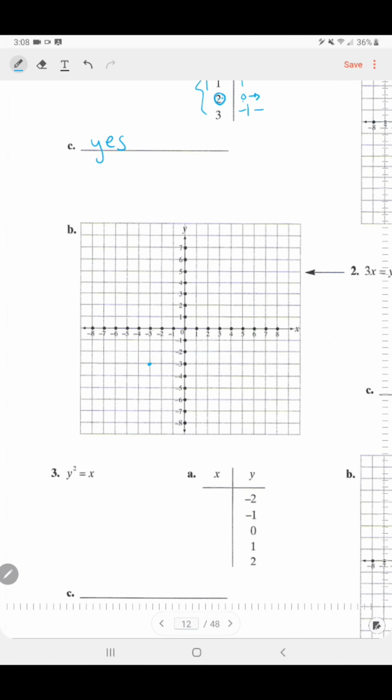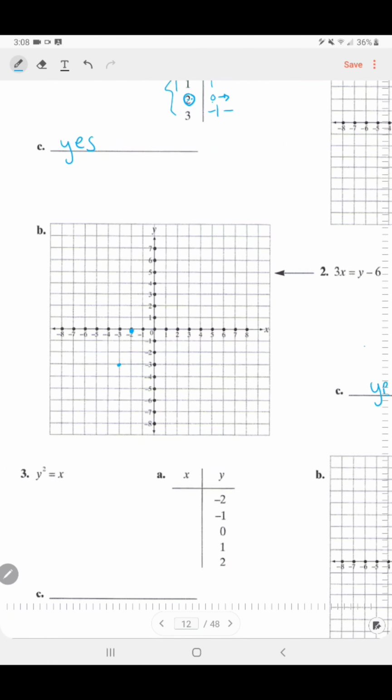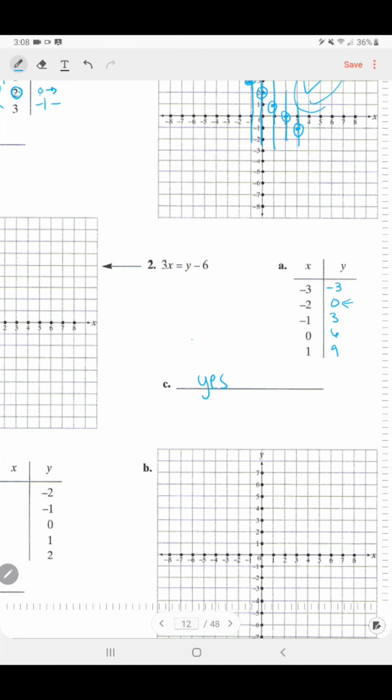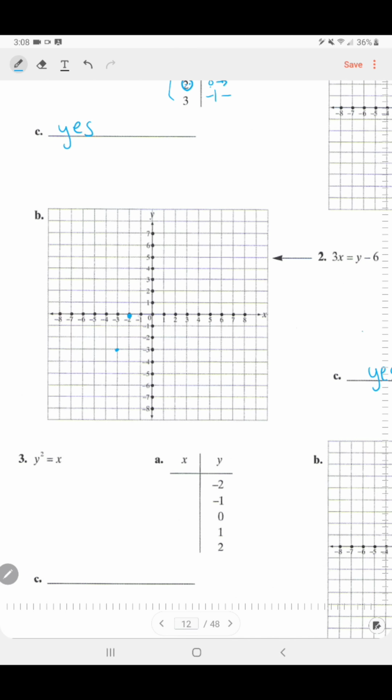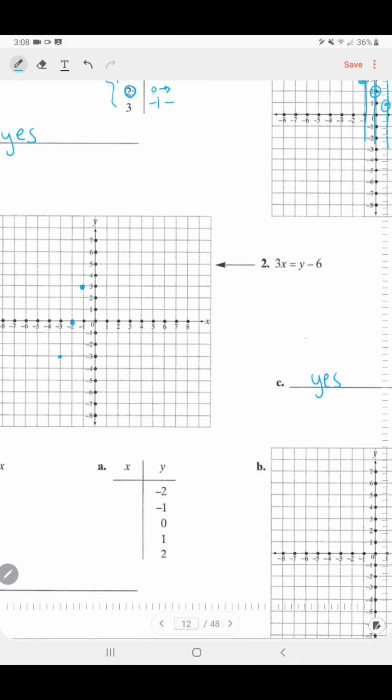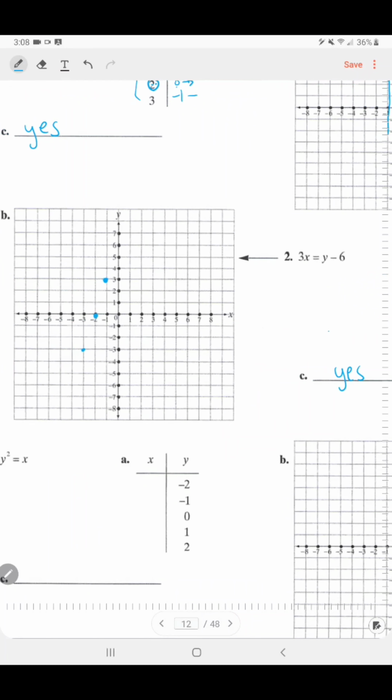So this is going to be right here. Negative 1 and positive 3. So negative 1, 1, 2, 3. Zero, 6. So 0, 1, 2, 3, 4, 5, 6.